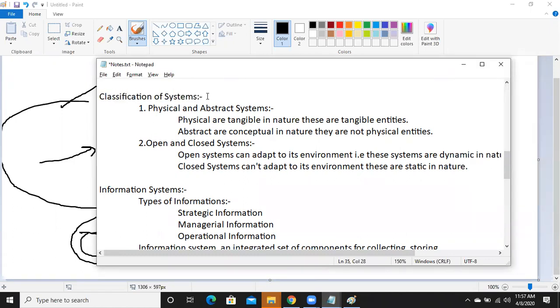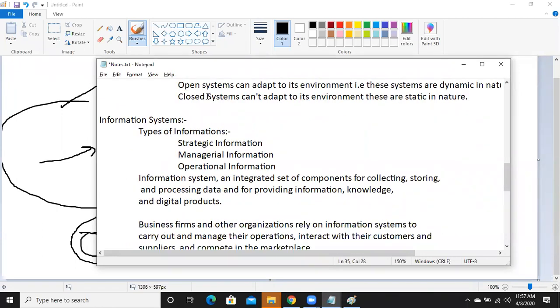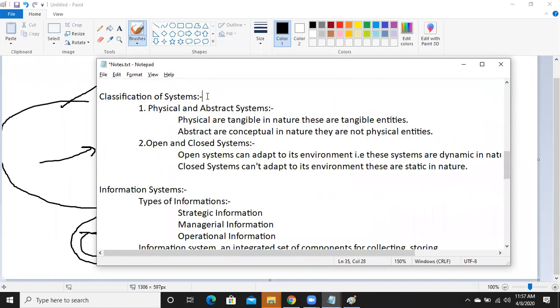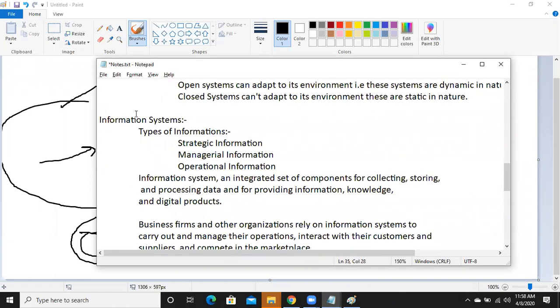Okay, so our next topic is very important. Actually, we have a single unit which includes only this topic, the last unit, number 5. That unit independently has a single chapter known as information system.